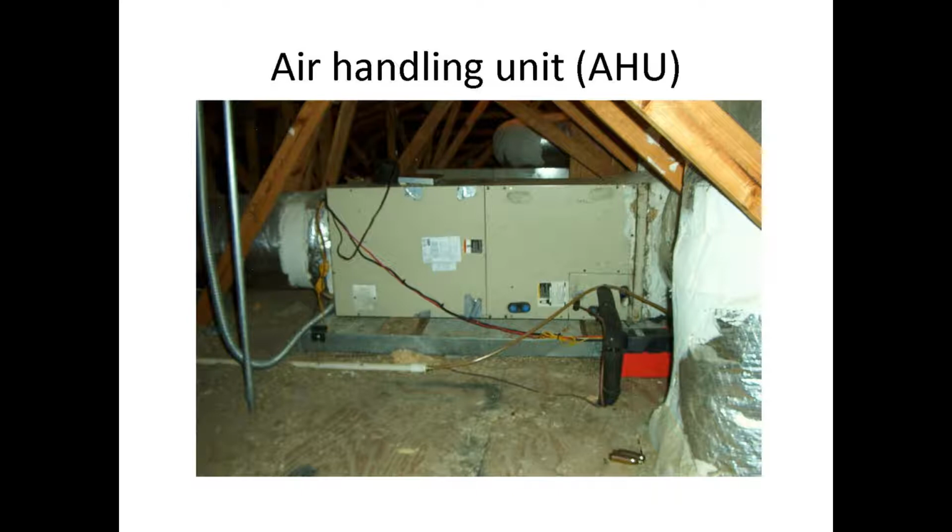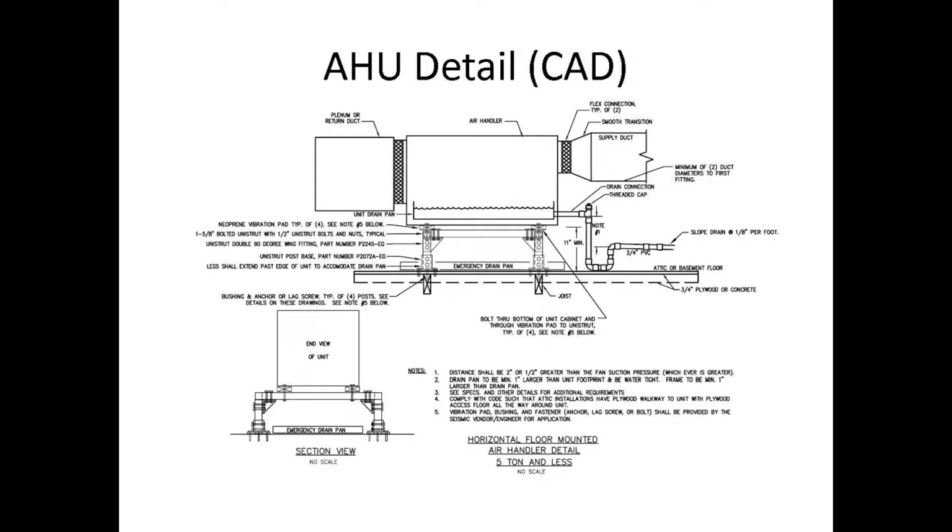All right, next slide. Okay, in mechanical engineering, a big part of your work is doing details. You have to draw in a very detailed manner how the contractor is going to build and install the systems.